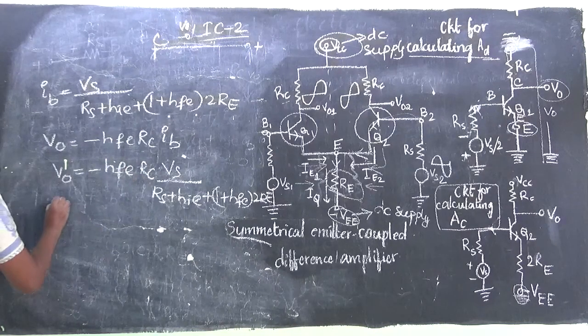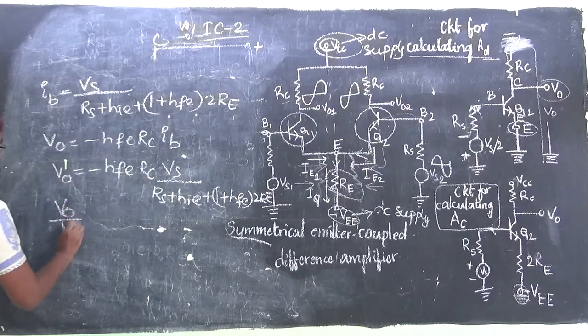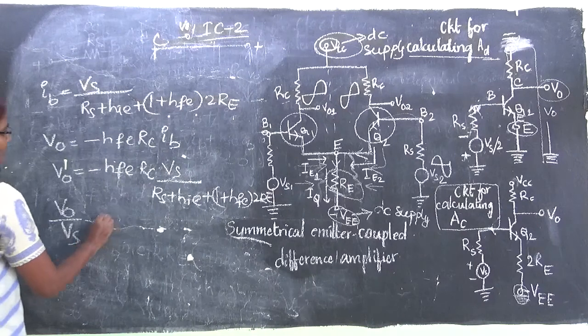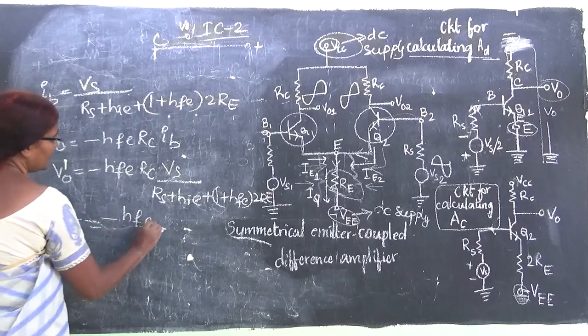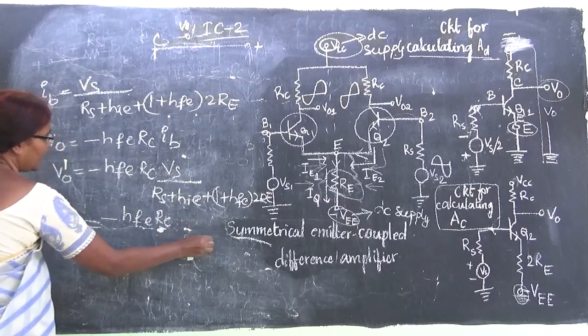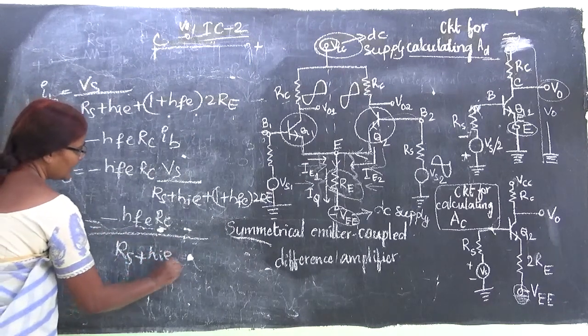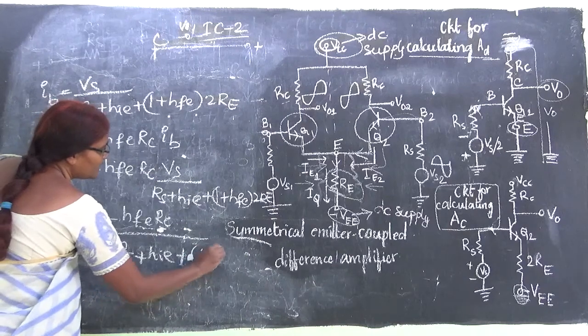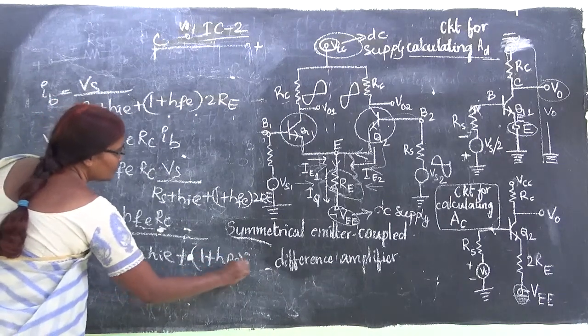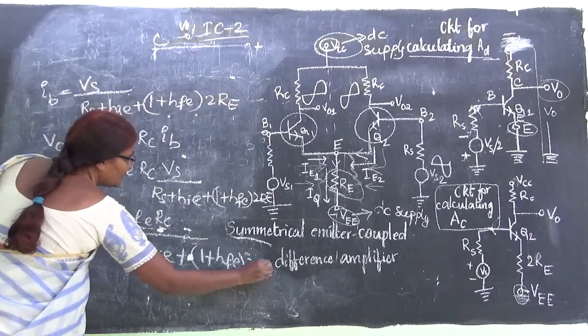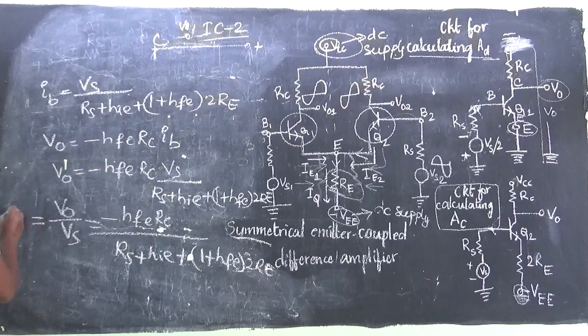If I take this Vs to this side, V0 by Vs is going to be minus hfe RC by Rs plus hie plus (1 plus hfe) into 2RE. So this is my common mode signal gain AC.